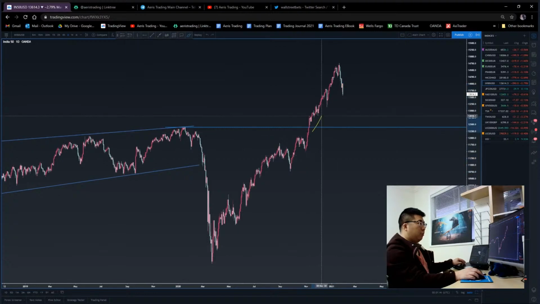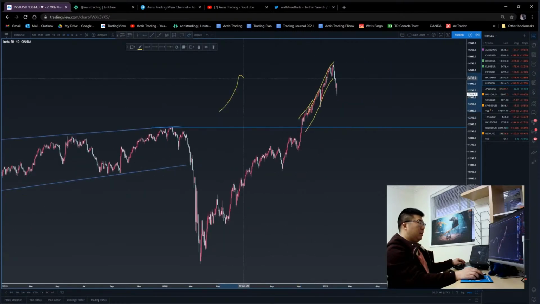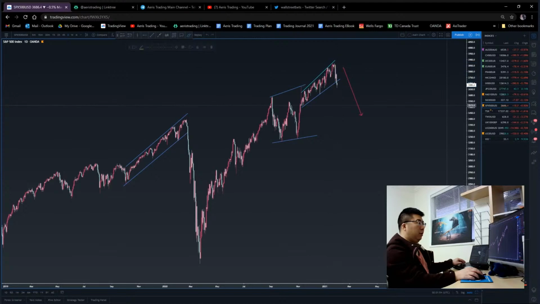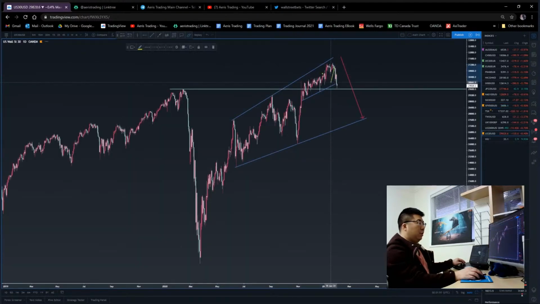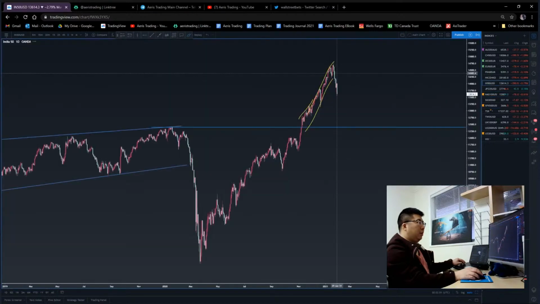This is still a pretty sharp move, even though it's what we usually see in the indices. You usually see this type of ascending structure before the push down. Very similar to what we're looking at here on the US one. But I think structurally, the US one looks a little bit more clear to me than Nifty here.